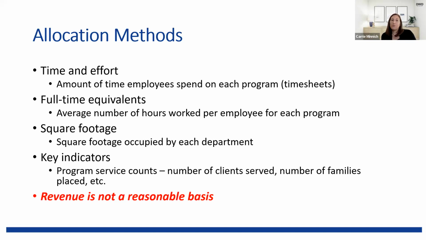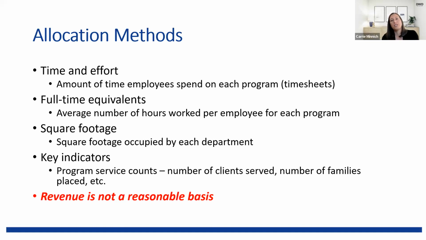Revenue is also not a reasonable basis. So if you are allocating your expenses at the end of the year based on the revenue brought in by the various programs, that is not considered a reasonable basis, and here's why. Because the allocation method should be based on the function that uses the resources.